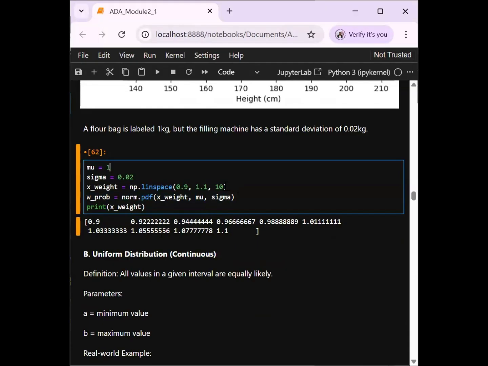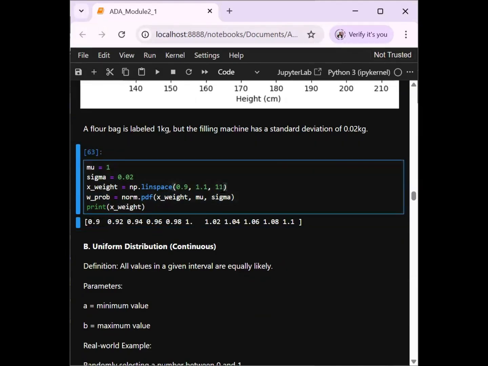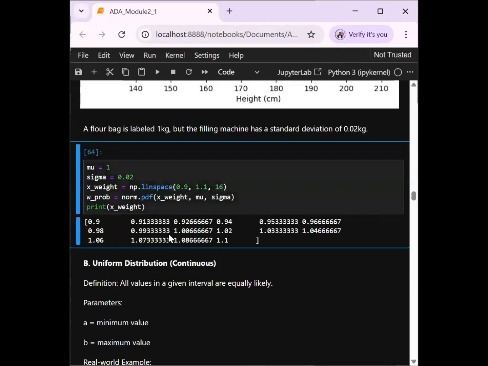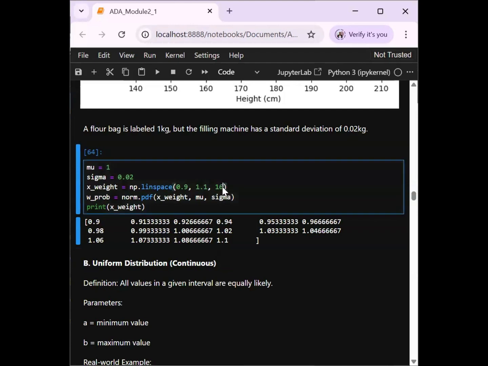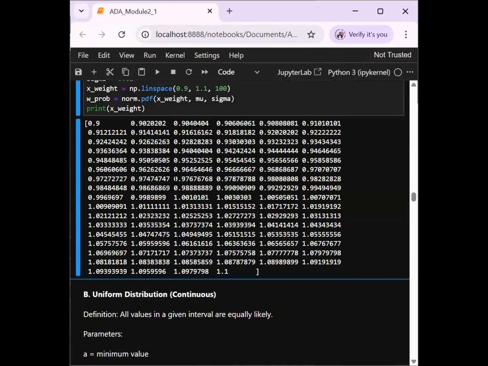If I put 11, the interval will depend on the number you're dividing into. Let's say 16, for example. It will just do the calculation normally. So the interval depends on how many you're dividing it into, but it's going to be equal between them. That's what linspace does.